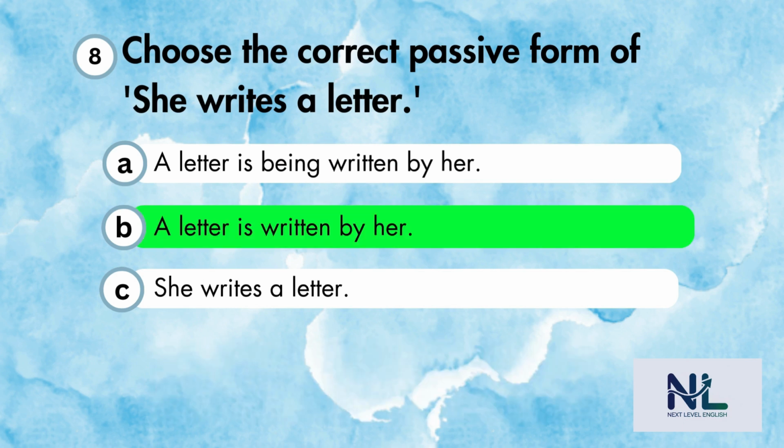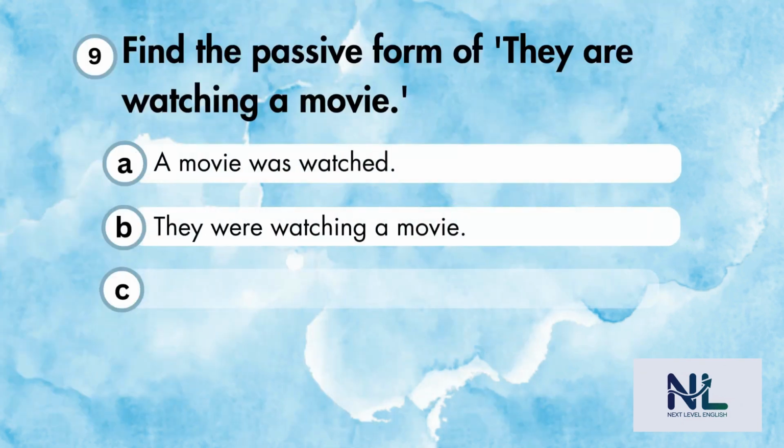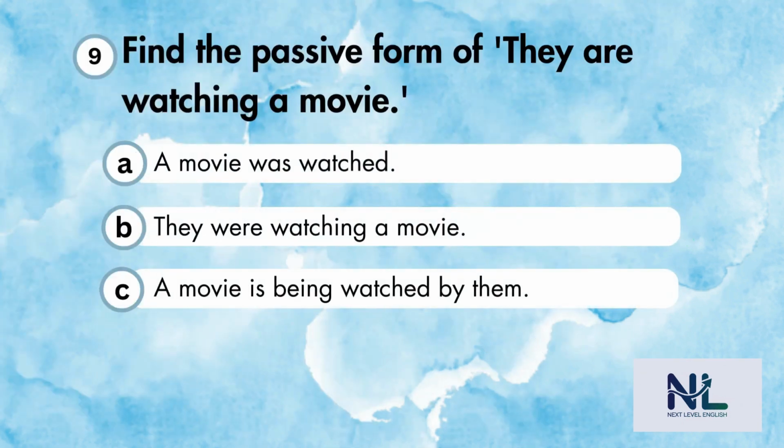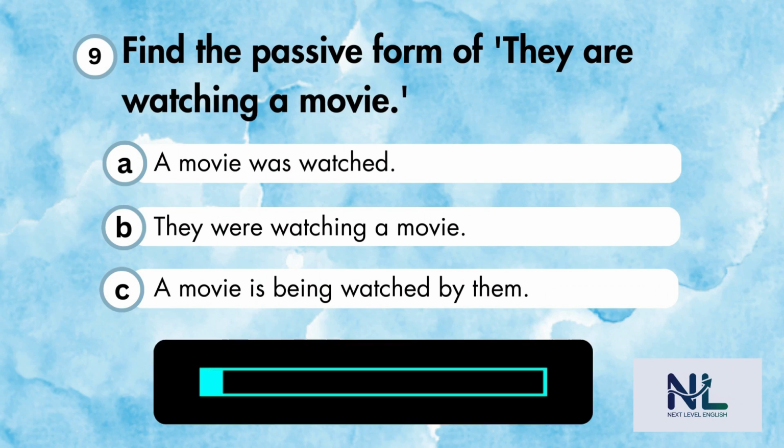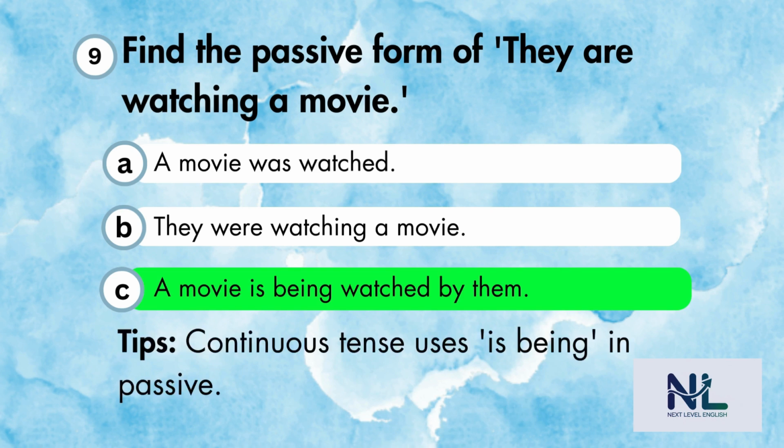A letter is written by her. Tips: passive voice changes the object to the subject. 9. Find the passive form of they are watching a movie. A movie is being watched by them. Tips: continuous tense uses is being in passive.